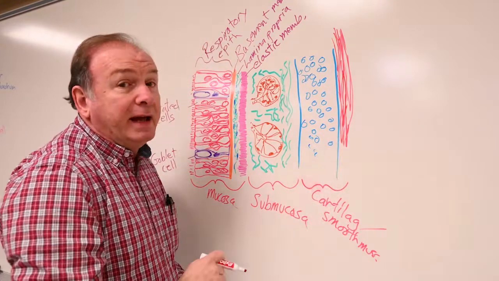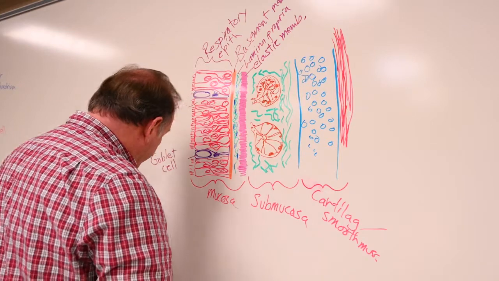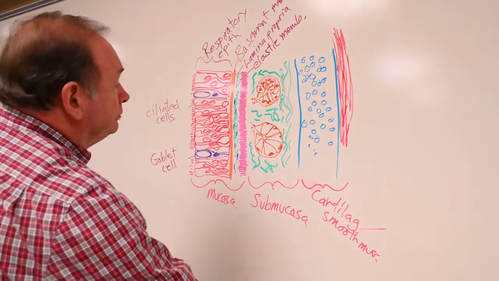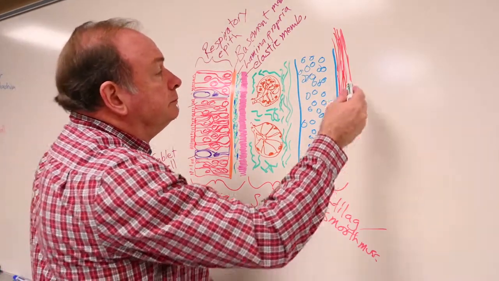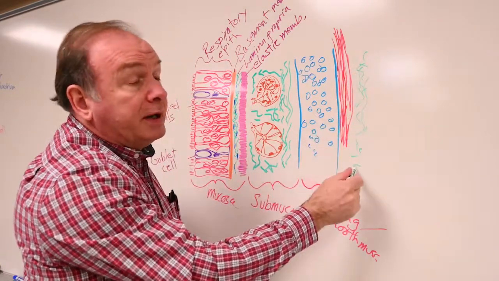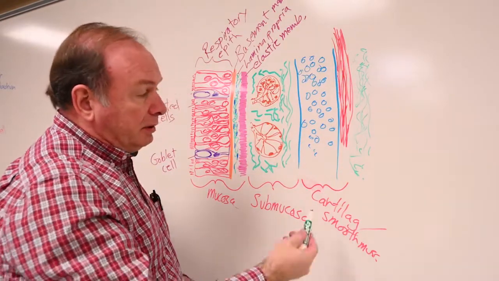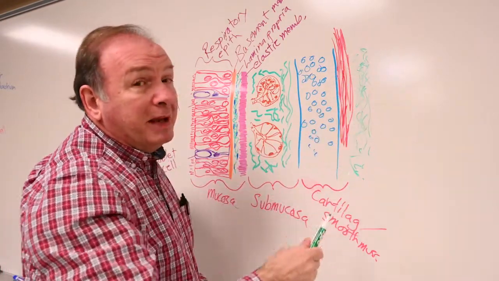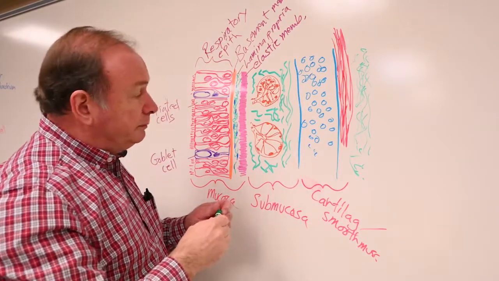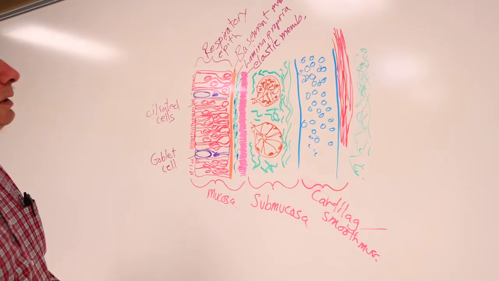And then outside of that, you're going to have an adventitia. The adventitia is going to be a loose connective tissue. And there you'll find vessels and nerves and adipose as you would in other kinds of adventitia. It's not a serosa. There's not going to be a mesothelium on the outside of it. So those are the components we're going to look for in the trachea.